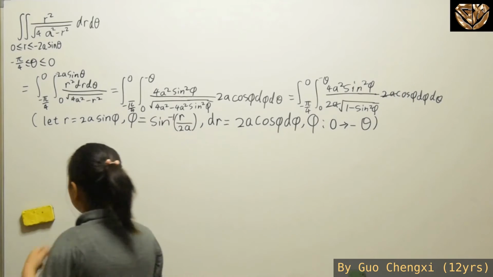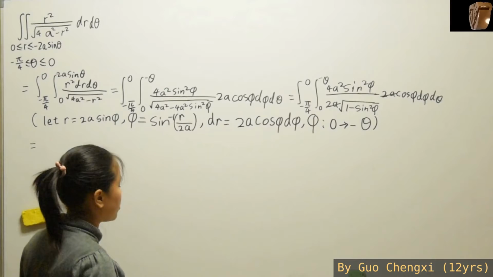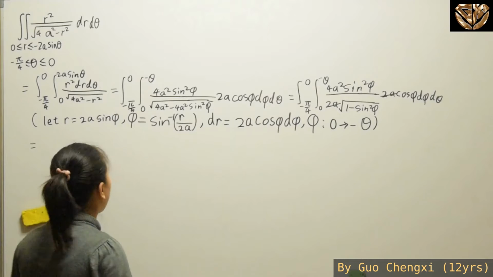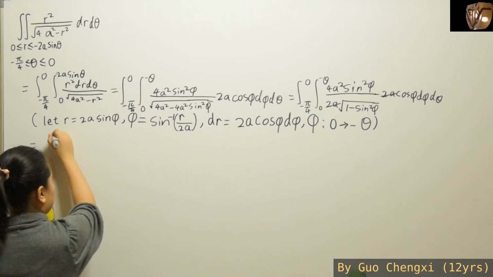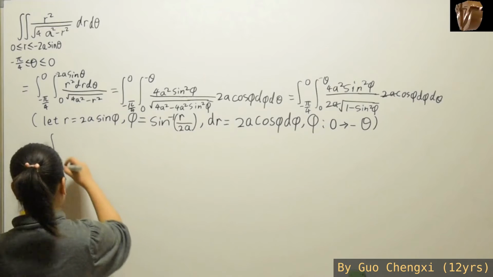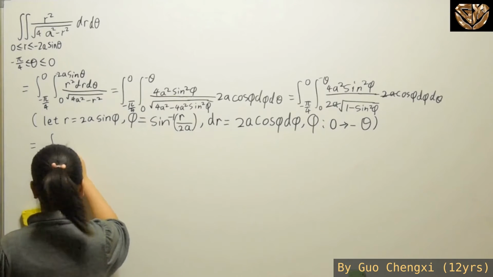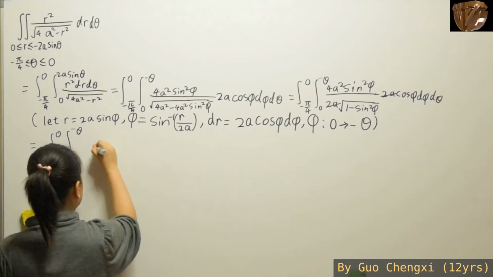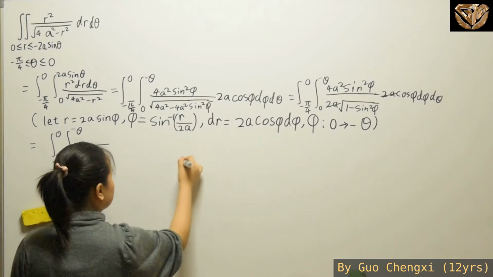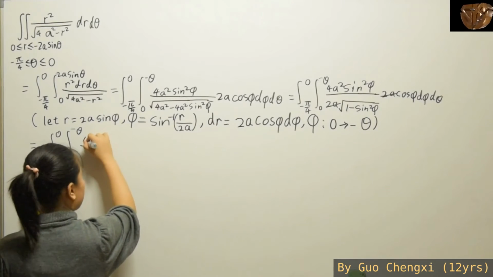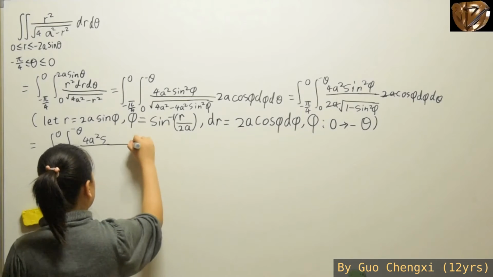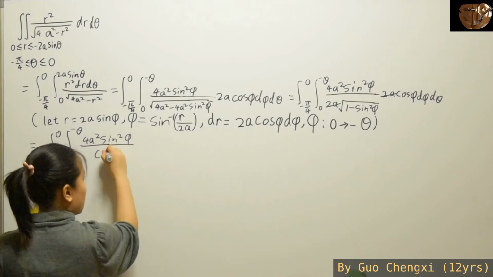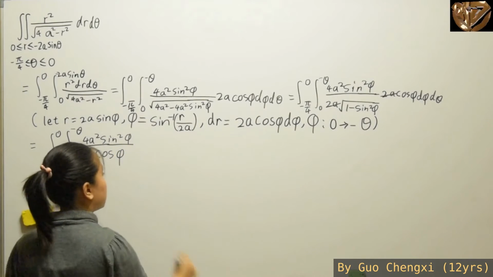What is 1 minus sine squared phi? Sine squared phi plus cosine squared phi is equal to 1, so 1 minus sine squared phi is cosine squared phi.